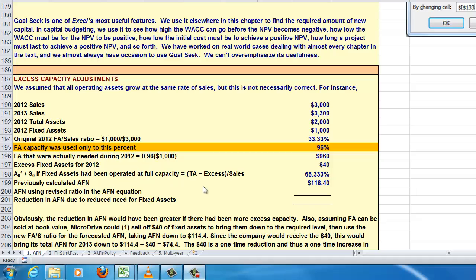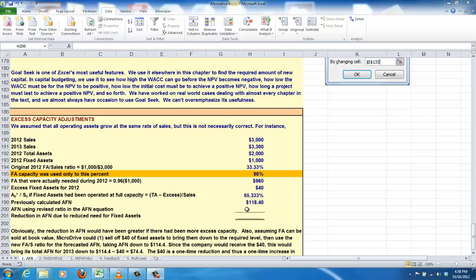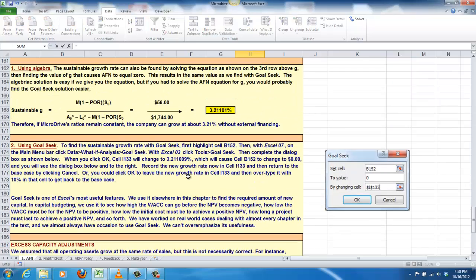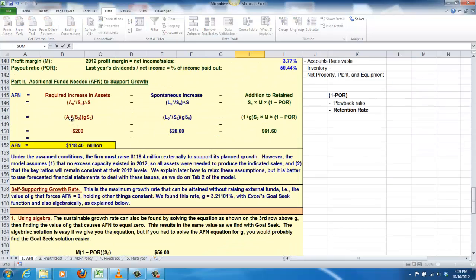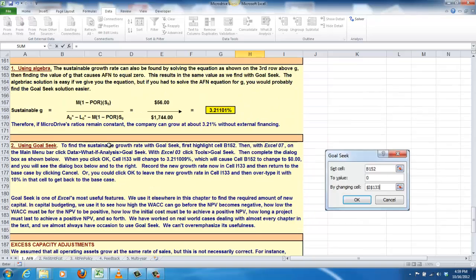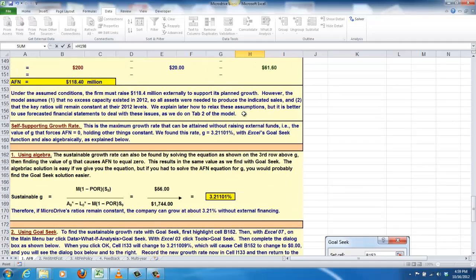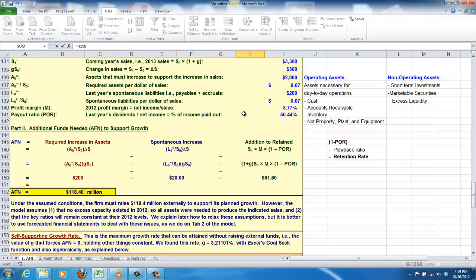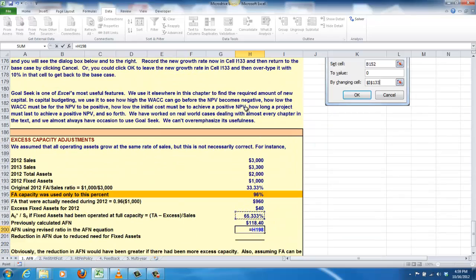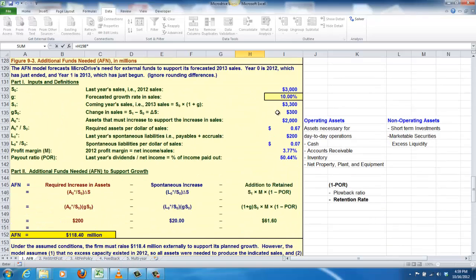So to calculate the additional funds needed, using the revised ratio in the AFN calculation, we actually need to go through and calculate that AFN calculation again. So again, it's going to be equal to our assets divided by sales. In this case, we're not going to use that 66%, we're going to use the 65.33%, multiplied by the sales amount of actual sales growth, which will be $300.